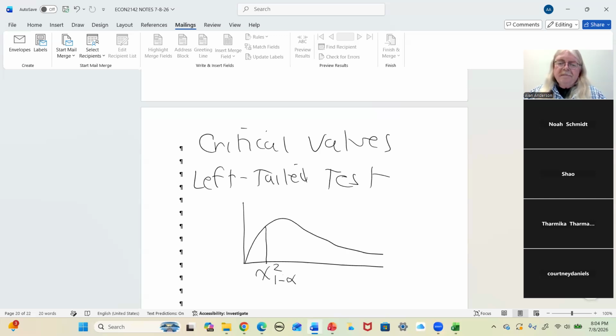One minus alpha. If this would be alpha here, this is one minus alpha. If alpha, for example, is 0.05, then that means we're looking at a right tail of 95.